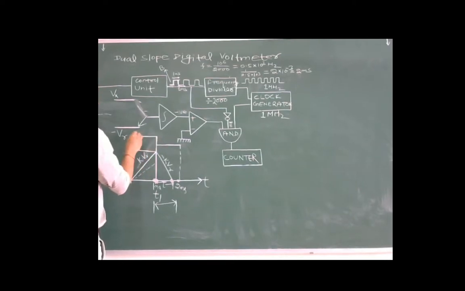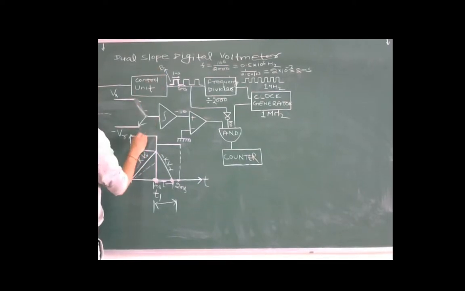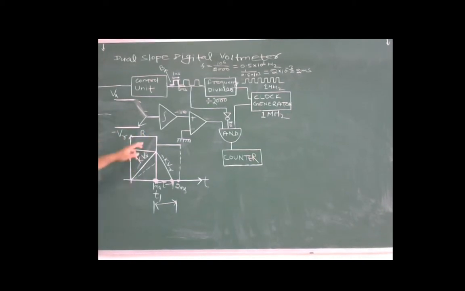This is the signal which I have indicated by B. When B goes high, this switch is connected to Vx, and until then this signal keeps rising, and after 1 millisecond this signal B goes low. When this signal goes low, the switch is connected to minus Vr.